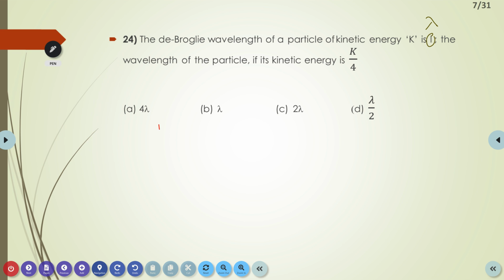When the kinetic energy is K, the wavelength is lambda. If the kinetic energy is K by 4, then what is the new wavelength, lambda dash? You have to use the relation lambda is equal to h divided by square root of 2m into kinetic energy. This equation you have to use.